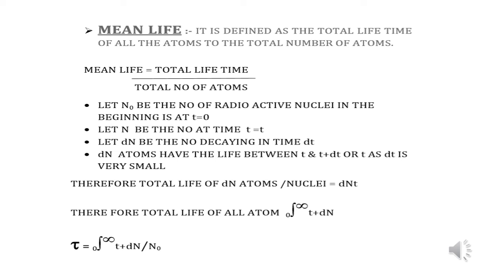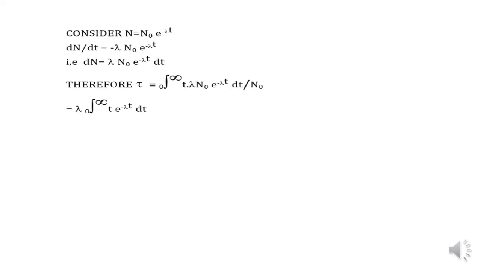Now, mean life is symbolized by the letter tau. Therefore, according to the definition, tau is equal to the integral from 0 to infinity of t into dn divided by n0. Consider n is equal to n0 e raised to minus lambda t. Therefore, dn by dt is equal to minus lambda into n0 e raised to minus lambda t.